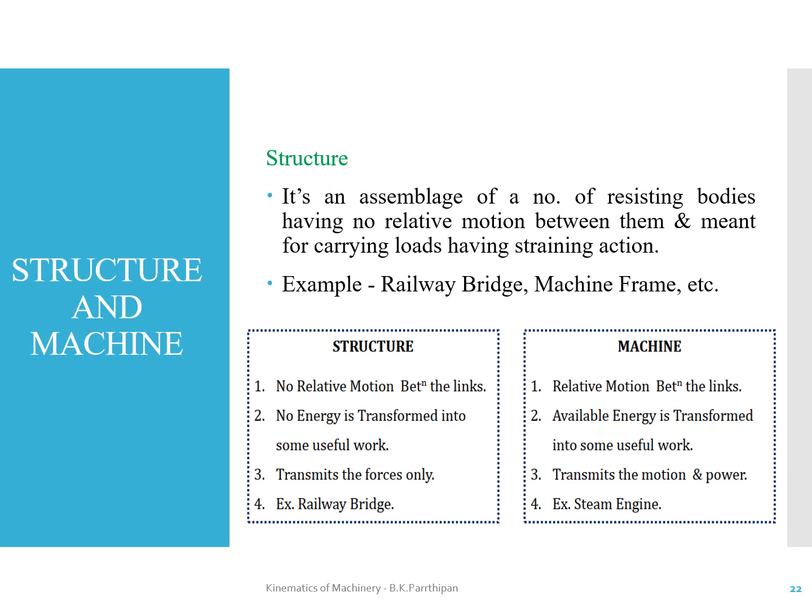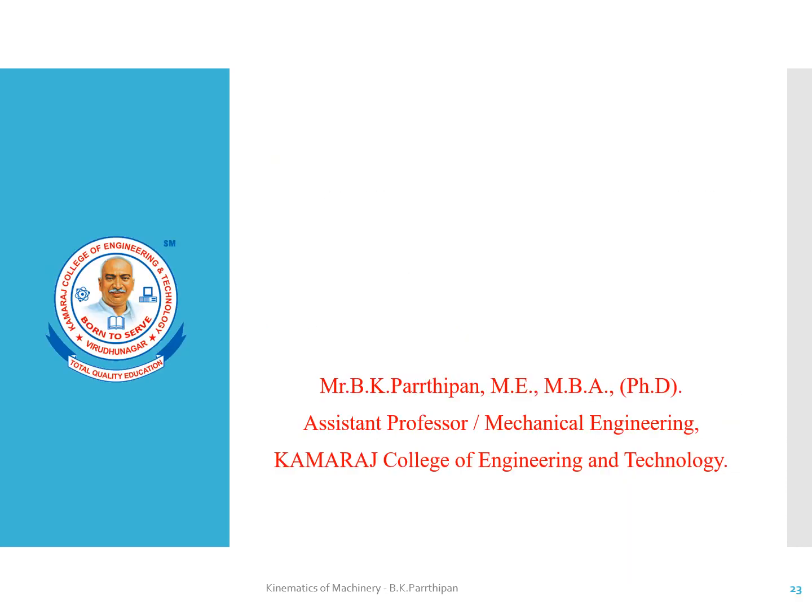I hope you all understand. So in today's topic, we started with kinematic link. Then we saw different types of kinematic links. Then what are different types of motion. Then kinematic pair, and then we classified it. Then kinematic chain. What are the different types of joints in a kinematic chain, and how to calculate joints in a system.